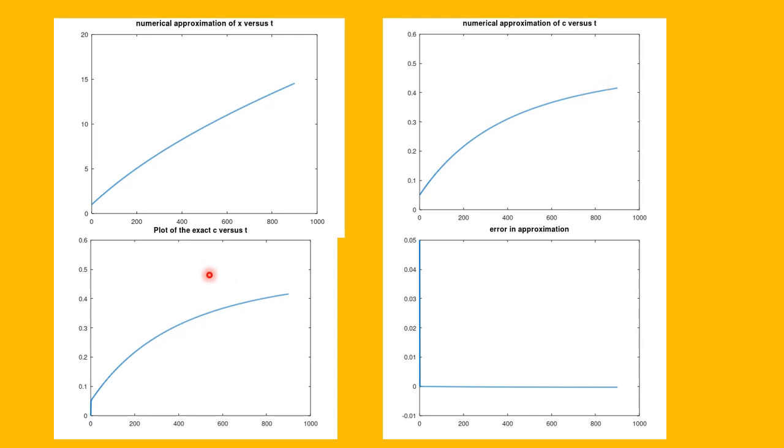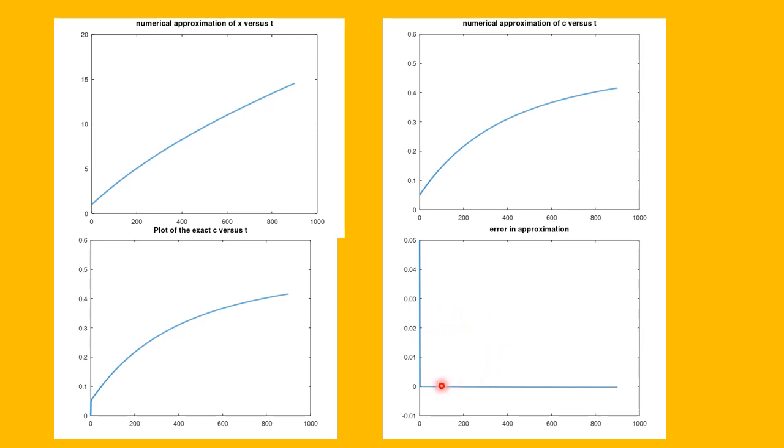If we find an analytic solution to the differential equation with the initial condition, the solution curve looks like this, and I don't see much difference between this curve and this curve. To see how much difference there is, let's subtract the C values and graph the error.